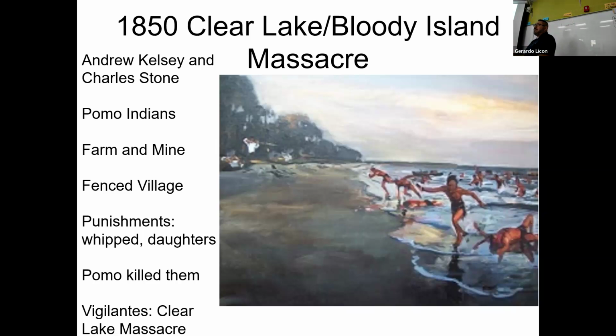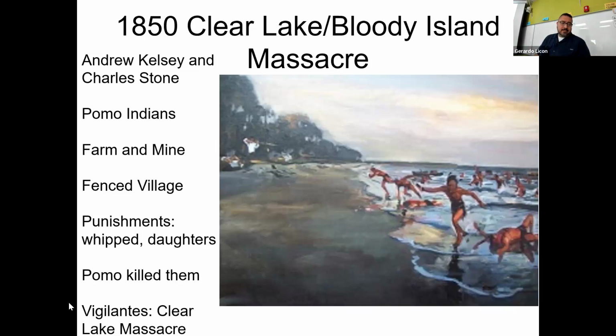One of the most common punishments was they would tie people's wrists with a rope and throw it over a branch of a tree and lift it up where their tippy toes could barely touch the ground, and just punish them, torture them that way. And one of the reasons they would punish the Pomo Indians is when they would refuse or not cooperate with giving up their daughters to them for sexual assault and rape.